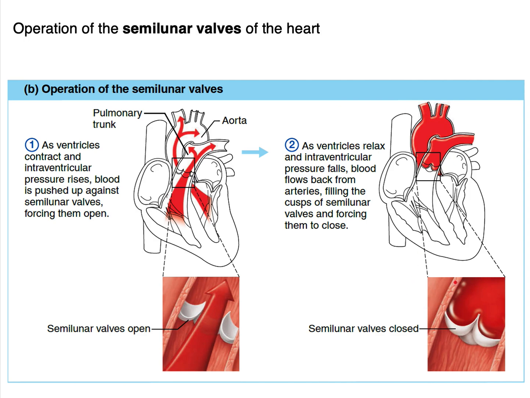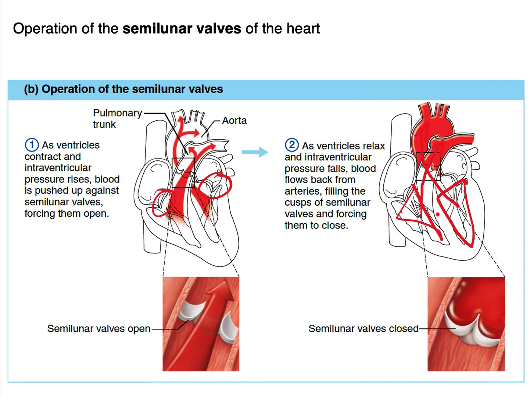So again, when the ventricle contracted, the blood slammed shut the AV valve, and after that, the blood also will go from the higher pressure, I mean the ventricles, out into, for example, if we talk about the right ventricle, the pulmonary trunk, and on the left side, the blood will be pumped to the aorta.